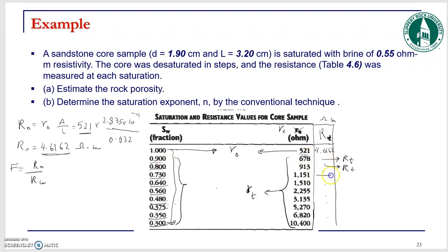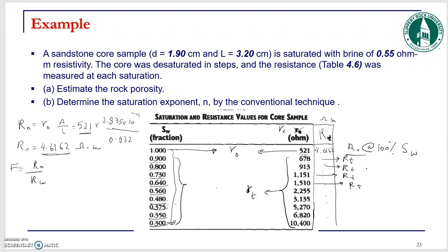So Rt depends on the saturation of the water. R0 is at 100% water saturation, and that's a constant number for that specific sample. But for the same sample, if you change the water saturation, your true resistivity would change.